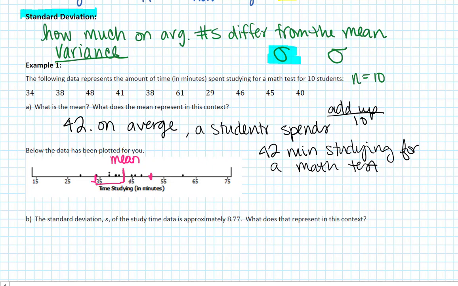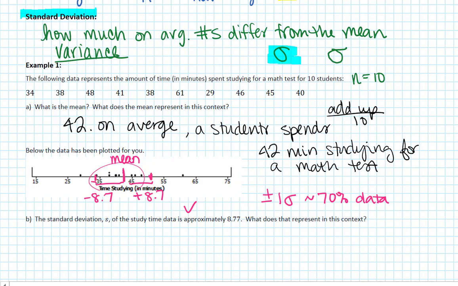What I'm saying is that most of my data lies plus 8.7 above and minus 8.7 below. That looks pretty true. We have 2 outliers out of 10, and plus or minus 1 standard deviation should represent about 70% of your data. If I have 10 data points and 8 of them are represented in these standard deviations, then that's a good and true standard deviation.